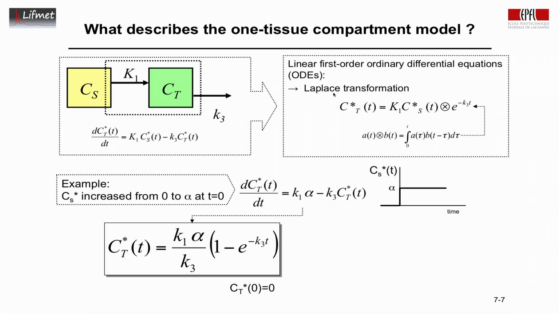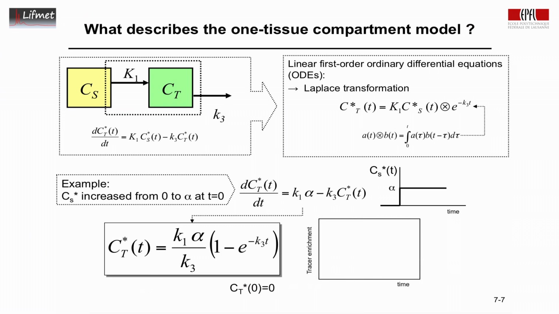The tissue radioactivity will exponentially approach a constant value, K1 alpha over K3. So we're getting an exponential increase to a plateau level with time. I have schematically drawn this here.